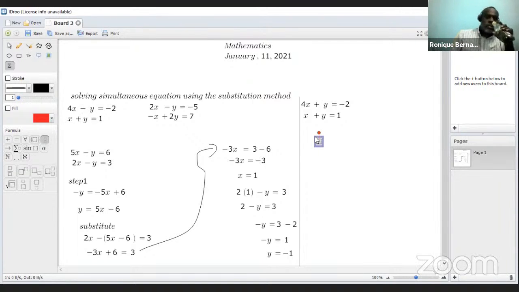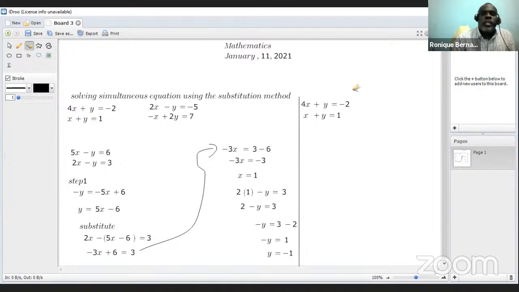Now, in the substitution method, you want to choose one of the equations to rearrange. You can choose equation 1, or you can choose equation 2. So it's always best to label.